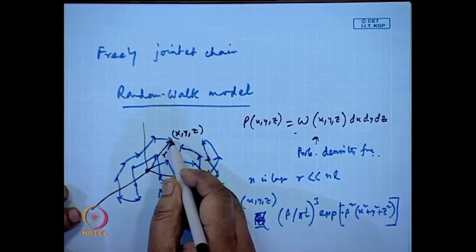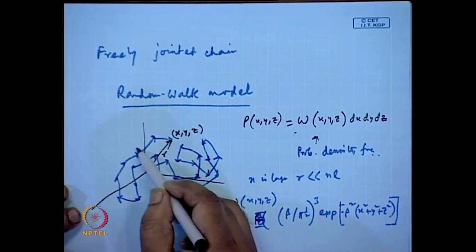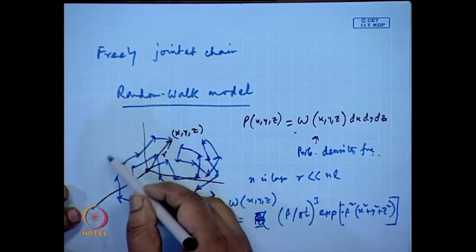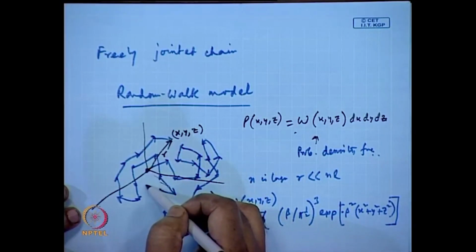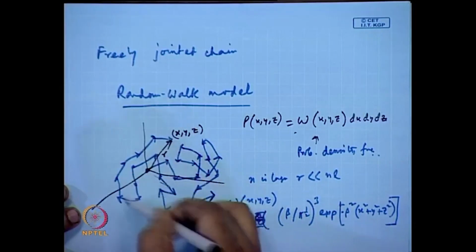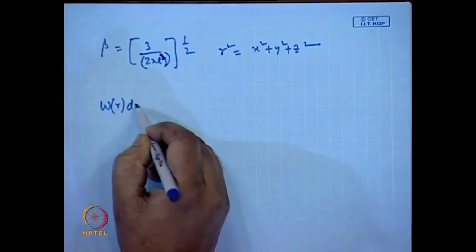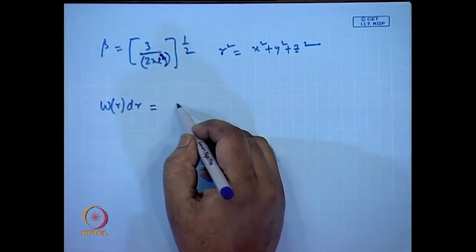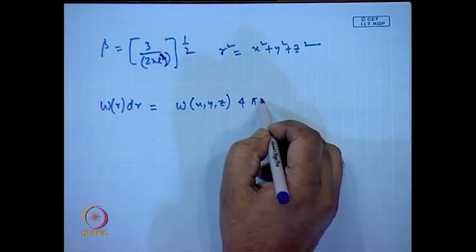So, you cannot only consider a unit volume, you have to consider the volume element at distance r from the origin, where you find the probability of finding the other chain end, and that can be written as this.